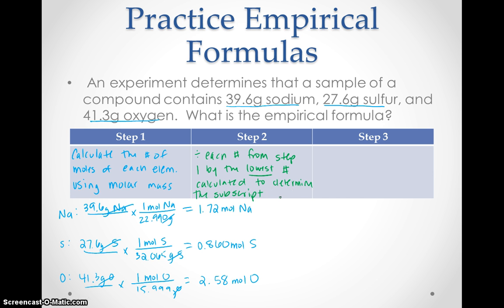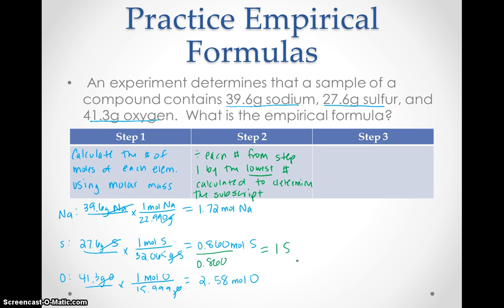So what is this step telling me to do? Divide each number from step 1 by the lowest number calculated to determine the subscript. If I look at the math I did in step 1, I can see my lowest number is 0.860. So I'm going to divide every single number from this step by that 0.860. The reason I do that is because when I do this math, it gets me to the number 1.